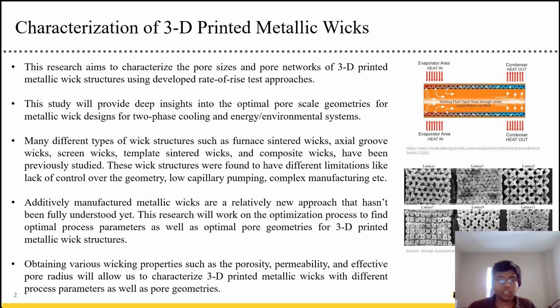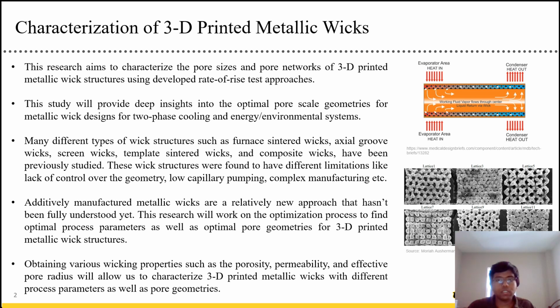There have been many different approaches to manufacturing wick structures. Some examples are furnace sintered wicks, axial groove wicks, screen wicks, template sintered, and composite wicks. All of these approaches have different limitations, such as the lack of control over the geometry, low capillary pumping, or complex manufacturing.